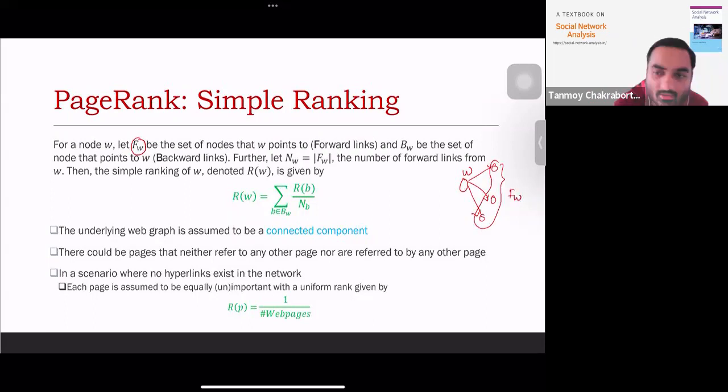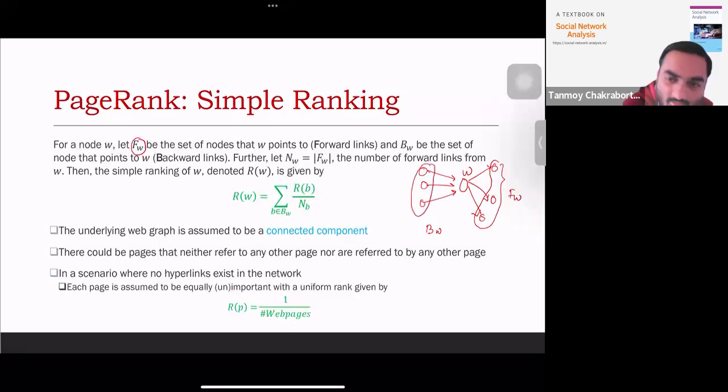Okay, forward neighbors. Let's define another quantity which is called BW, so BW consists of backward neighbors, those nodes which are pointing to W. Okay, BW backward neighbors, FW forward neighbors.